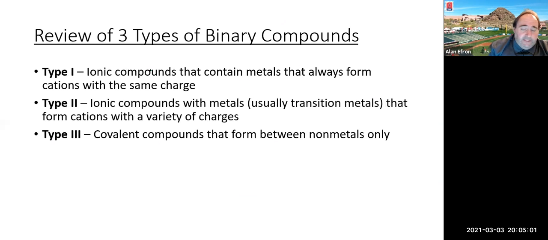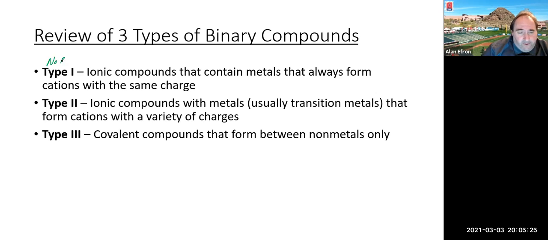Okay, so what I'm going to just mention again, type 1 compounds, always metal and non-metal together. That forms an ionic bond, which is no sharing of electrons, positive, negative attraction together. And again, the important part there is the metal is going to be in group 1, 2, or 3. No need for Roman numerals here.